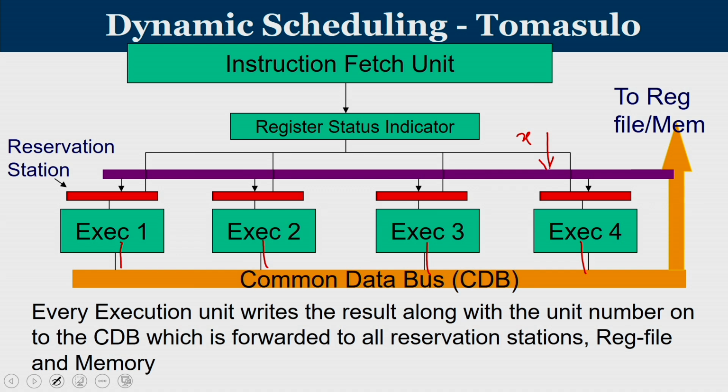The execution units which are waiting for some value, how will they know which functional unit produced this X? So, whenever a functional unit produces a value, it has to mention the functional unit name also, that is very important. If the functional unit name is not mentioned, then the reservation station entries may not be able to distinguish which functional unit produced this value.